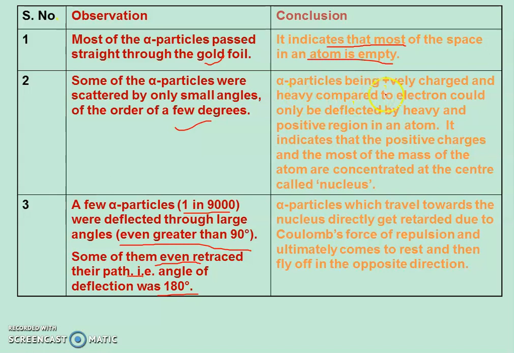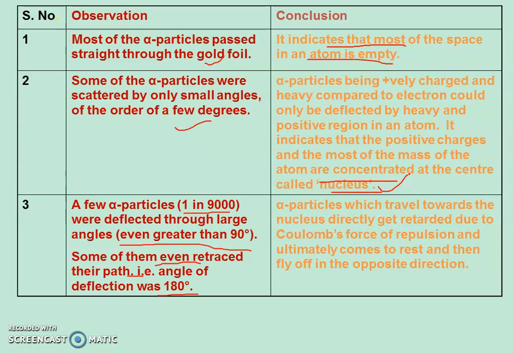An alpha particle, being positively charged and heavy compared to the electron, could only be deflected by a heavy and positive region of the atom. It indicates that the positive charge and most of the mass of the atom is concentrated at the center, which is called the nucleus. So for the first time in the history of the atom, the nucleus came into existence.